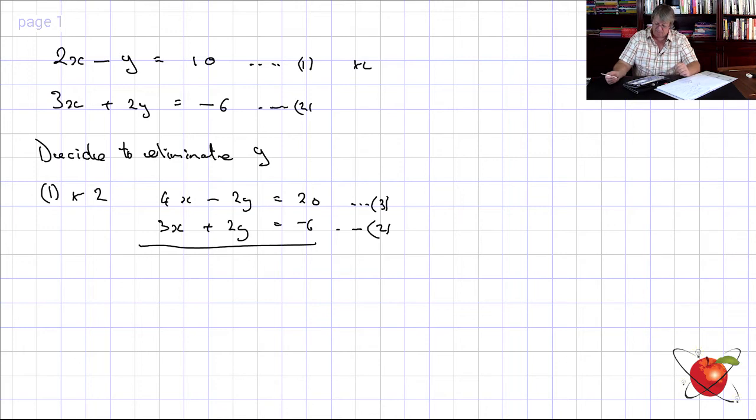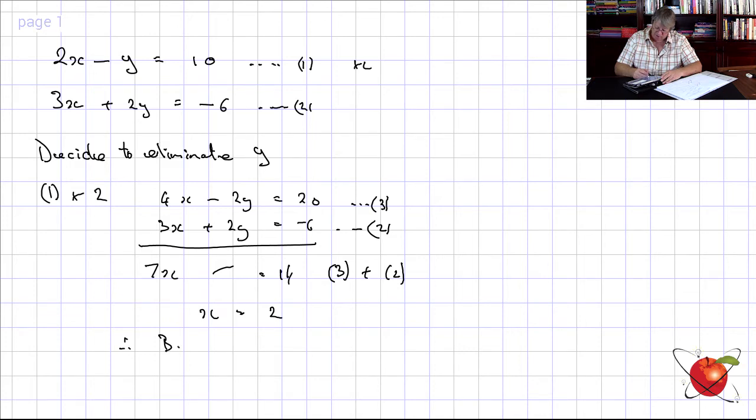So we've got 4x minus 2y equal to 20. We take equation 3 and add equation 2, and we get 7x equal to 14. Therefore, x equals 2.